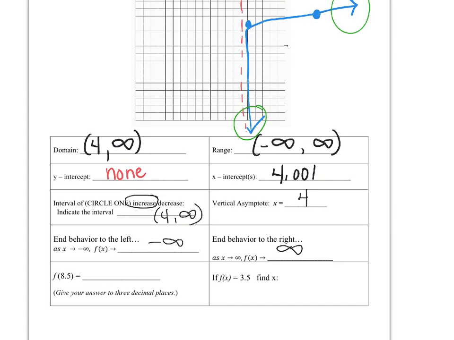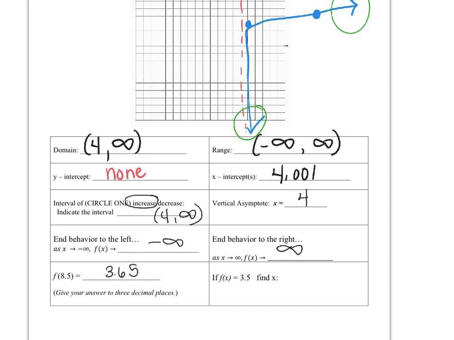All right, f of 8.5, we're going to put in a second calc value and say when x equals 8.5, what is y? And that is 3.65 approximately. Then it says if f of x equals 3.5, find x.